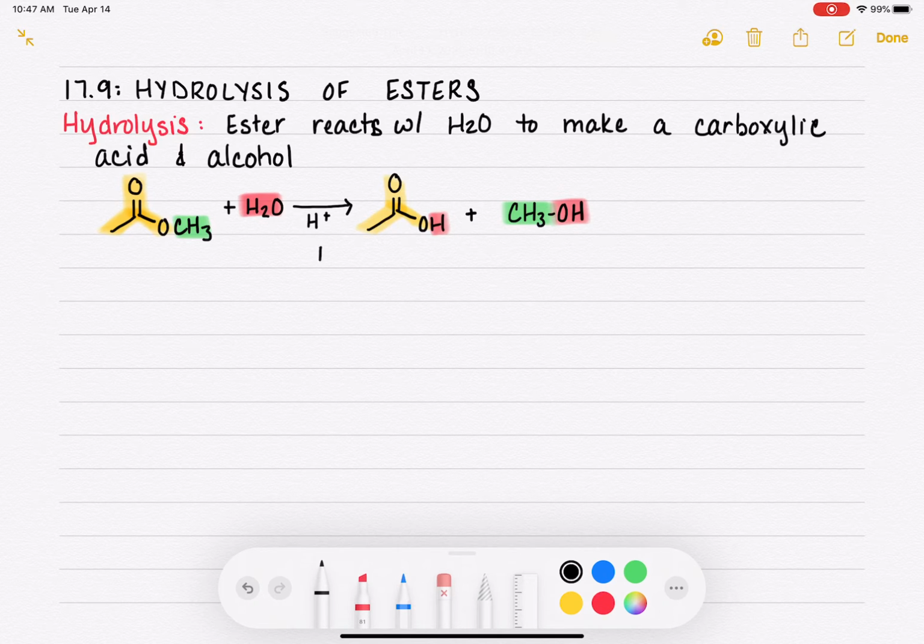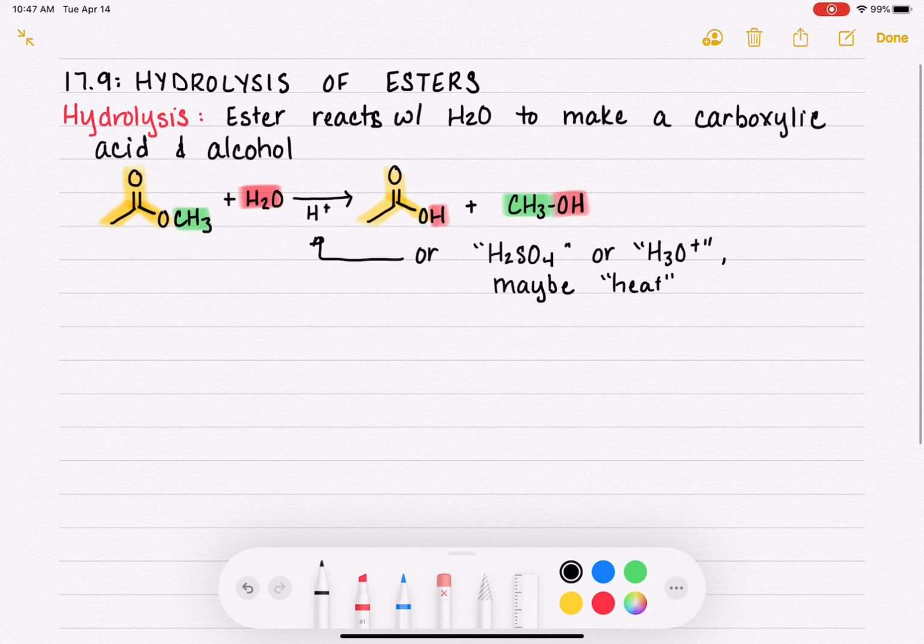So instead of H plus, you could see H2SO4, or you could see H3O plus. You might see heat. It's not as likely to see heat for this reaction.